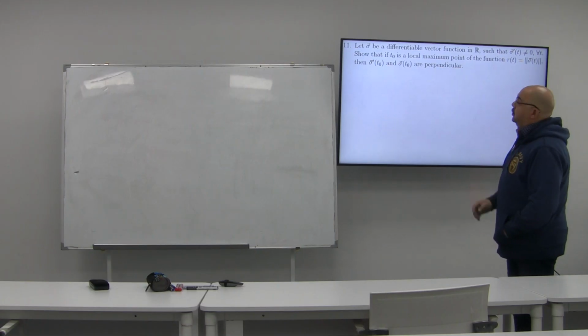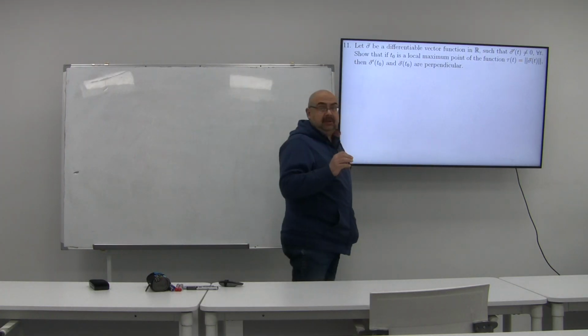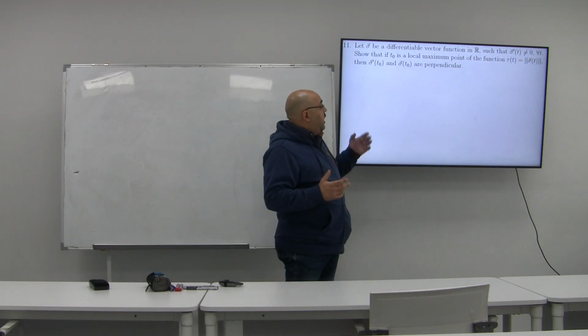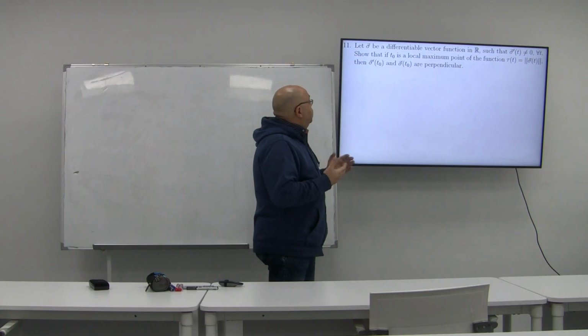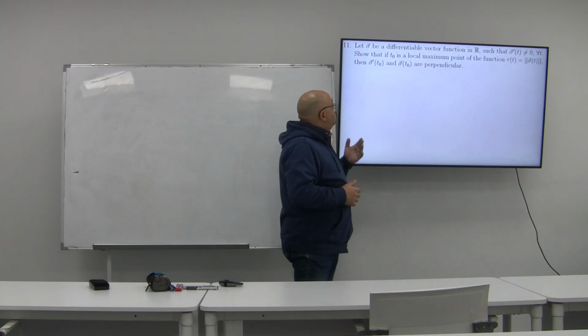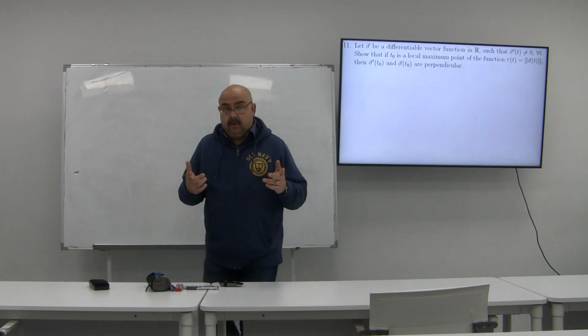Let me go through this with you. He wants you to show that if I have t naught as a local maximum point, and tau is the function, which is the magnitude of rho of t, then try to prove that rho dash at t naught and rho at t naught are perpendicular.